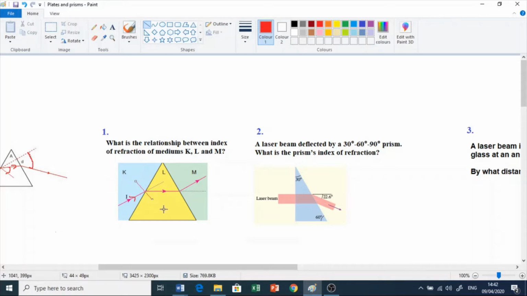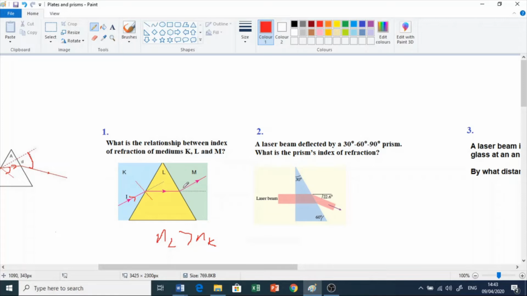It means that the index of refraction of this material of the prism is bigger than the index of refraction of the medium on the left. I mean the medium K has lower index of refraction when compared to the medium L, since the light ray, when it enters this medium, which is a prism, is bending toward the normal. See, this is our normal. So then we are going to write that NL is bigger than NK.